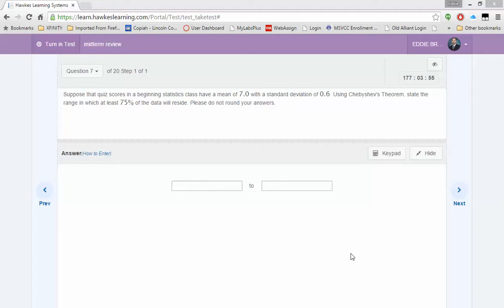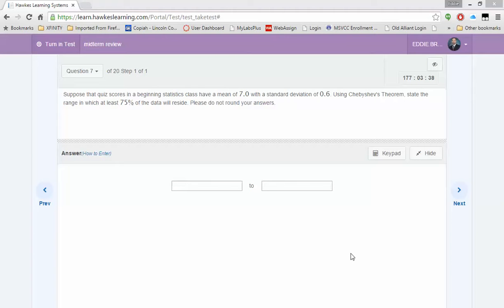If we want to know the values that lie within 75%, one of the examples the theorem gives is when k equals 2.